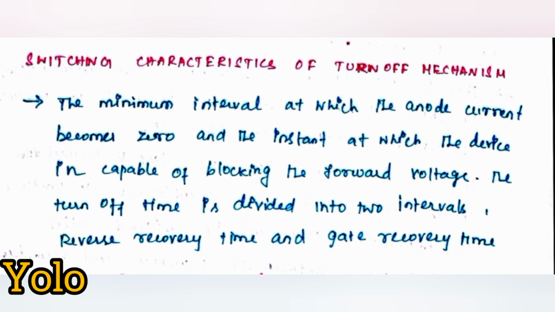Now the switching characteristics of the turn off mechanism. The turn-off time is the minimum interval between the instant at which the anode current becomes zero and the instant at which the device is capable of blocking the forward voltage. The turn-off time is divided into two intervals, reverse recovery time and gate recovery time. So what is meant by reverse recovery time?